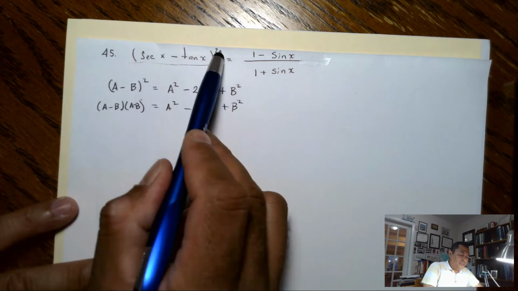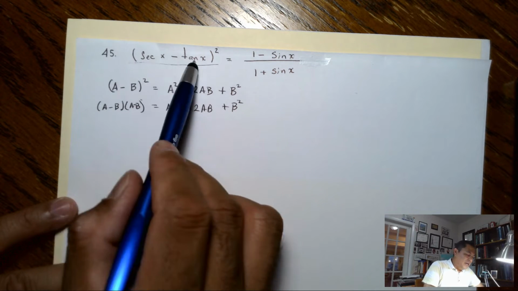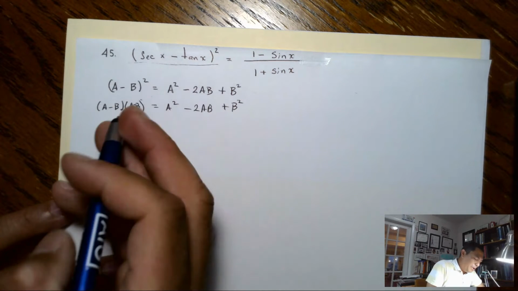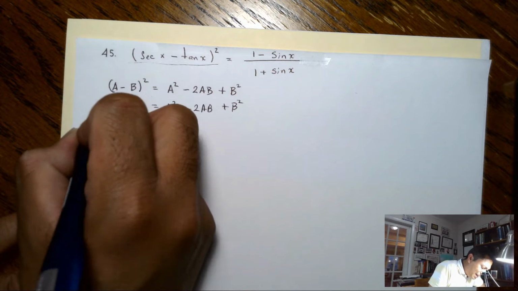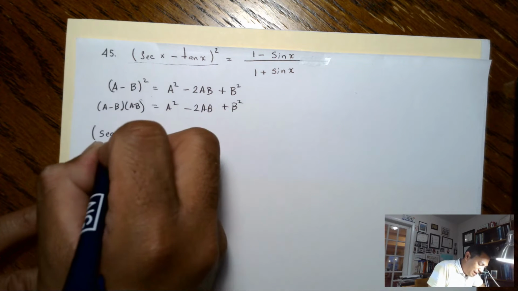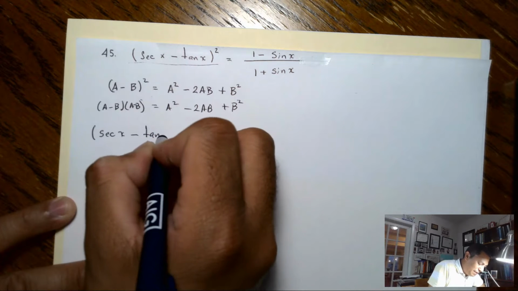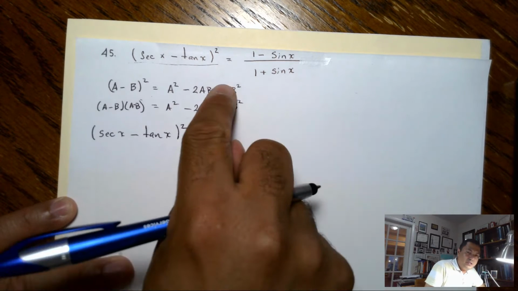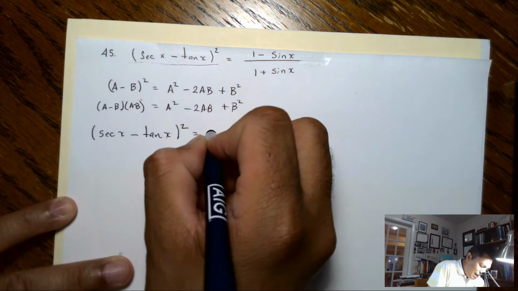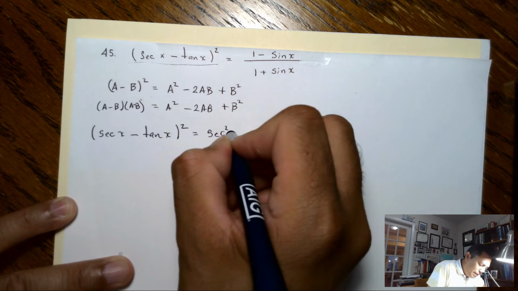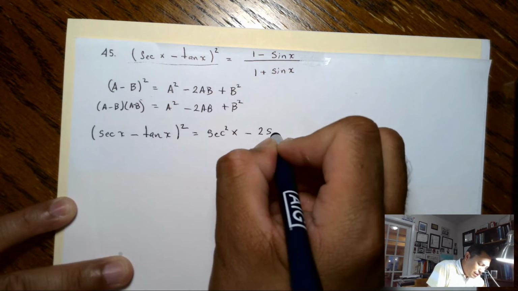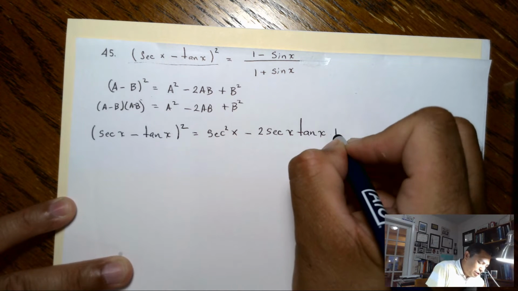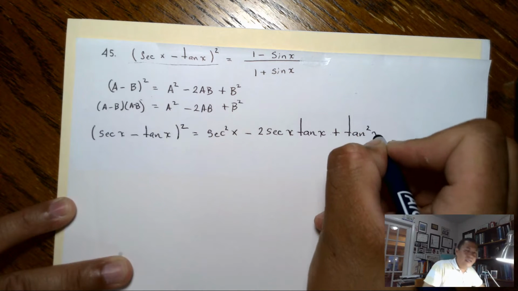So I'm going to use this property to develop this difference of squares. I have (secant of x minus tangent of x) squared, and following this property, this is going to be equal to secant squared of x minus 2 secant of x tangent of x plus tangent squared of x.